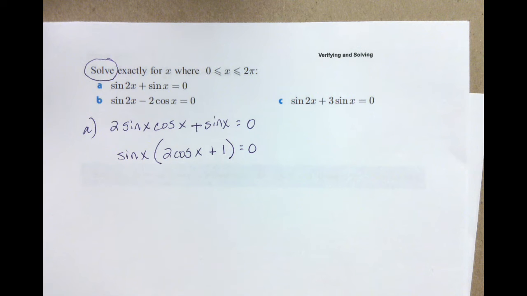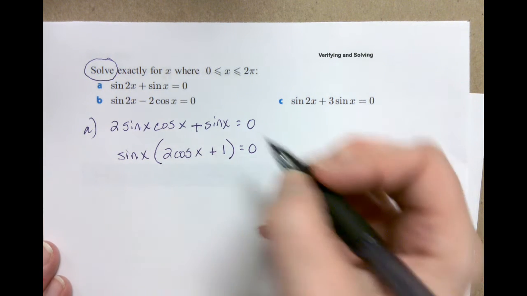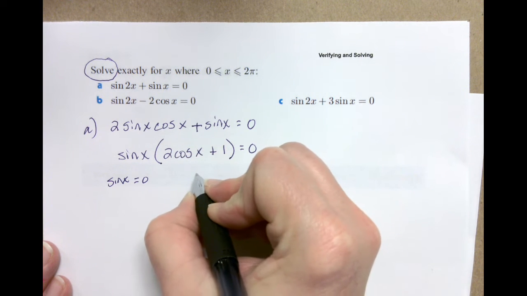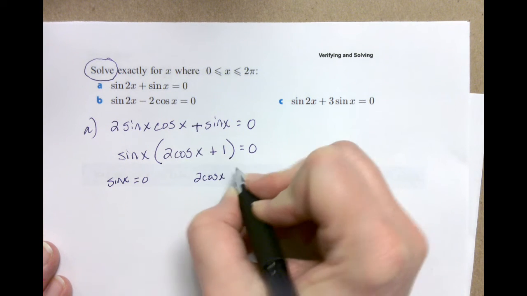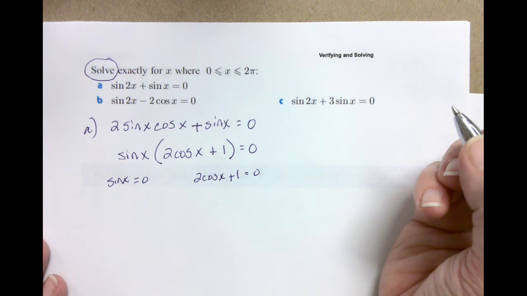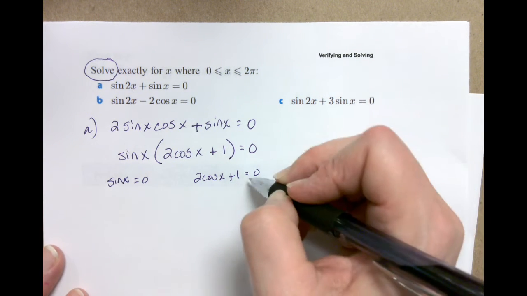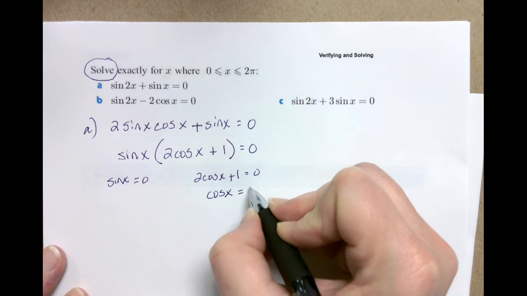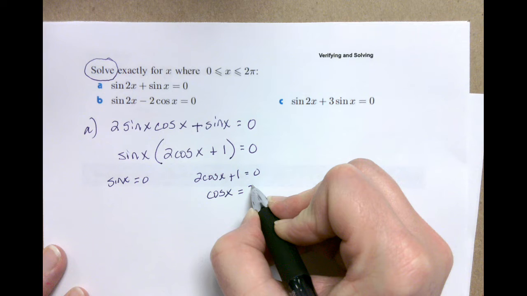Either sine of x equals 0 or 2 cosine of x plus 1 equals 0. And by the way, if I got cosine of x by itself, that would be negative 1 half.